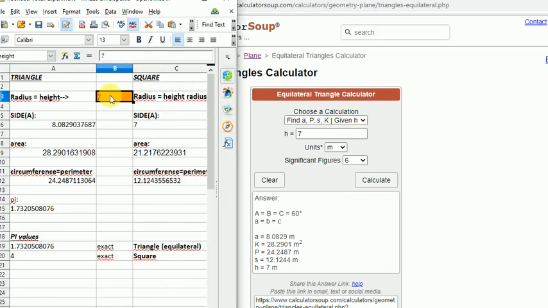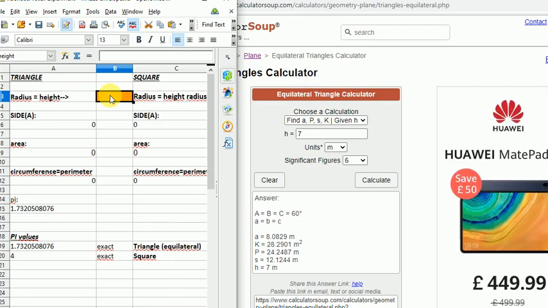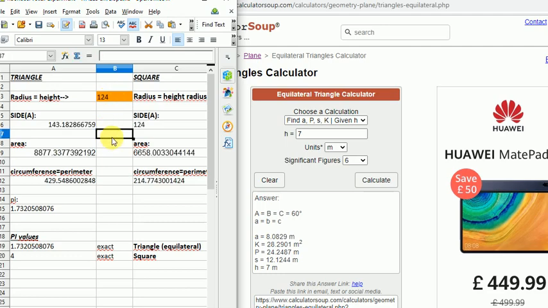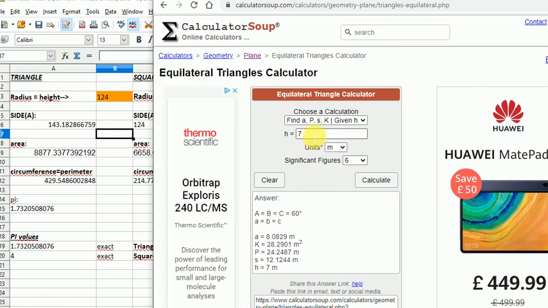If you don't believe me, we can pick a number randomly. 124, maybe 8877, whatever. So if we verify here, 124, calculate.